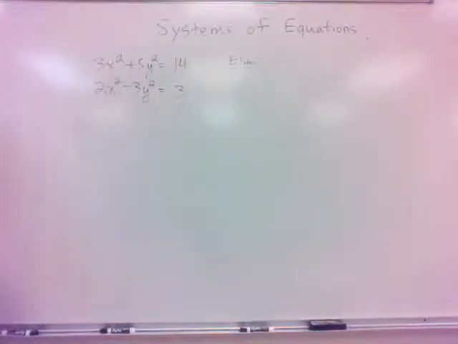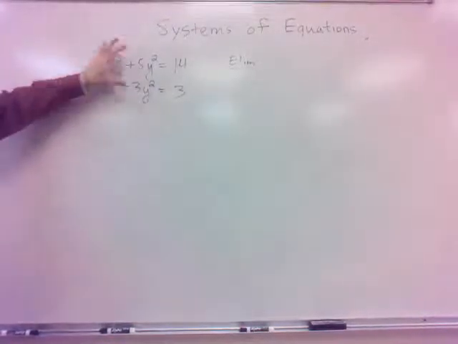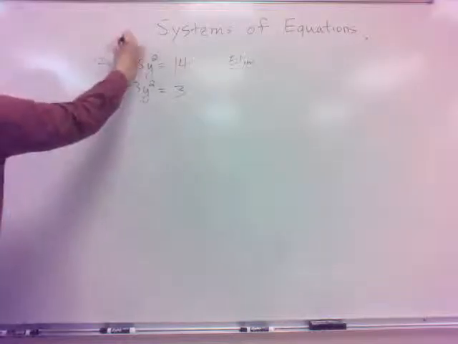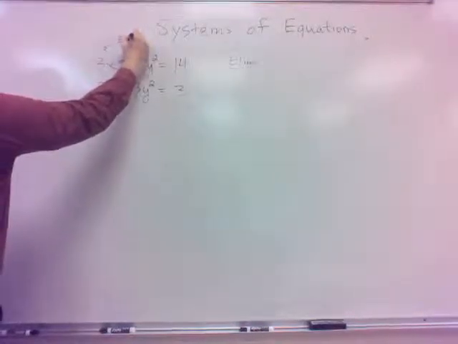I can eliminate the variables based on that. So what are you thinking? Well, for 2 and 3, I've got the 6. 5 and 3, I've got the 15. But again, it's positive and negative. Let's just go ahead and eliminate the x's. Okay. I'm going to eliminate the x squareds.